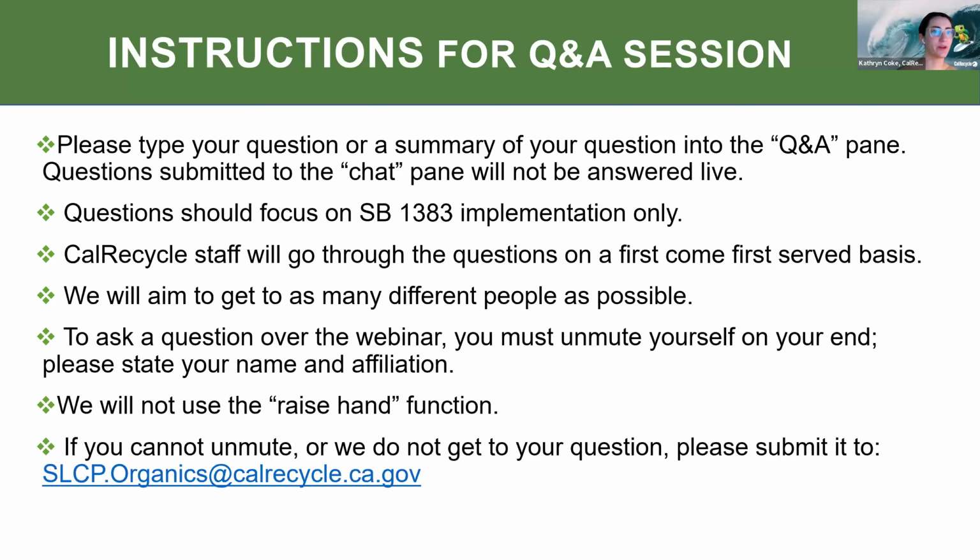All right, thank you for your question. Up next, we have a question from Susan Blackman. All right, Susan, you should be able to unmute yourself now. Once you're able to, please go ahead and state your name and affiliation and ask your question. Susan Blackman, I do consulting around the edible food waste space, mostly in the Bay Area.